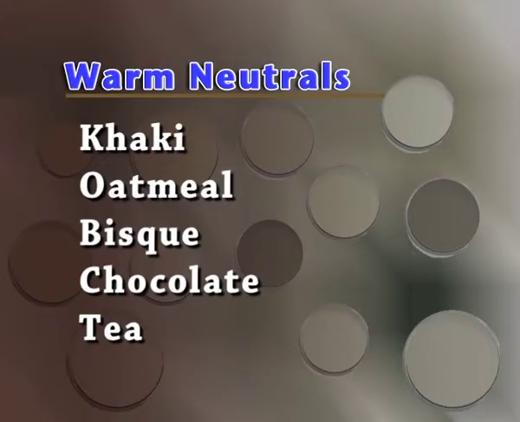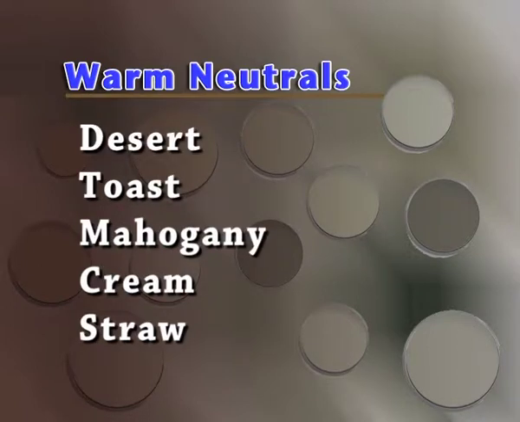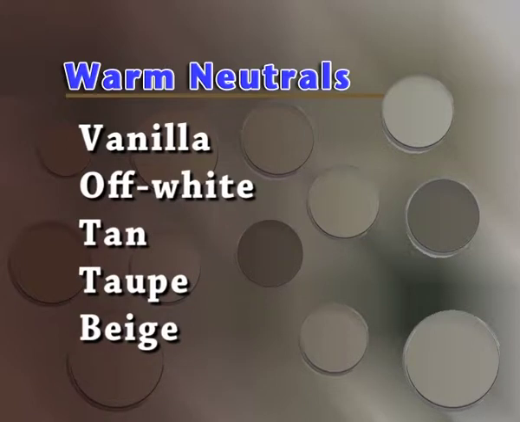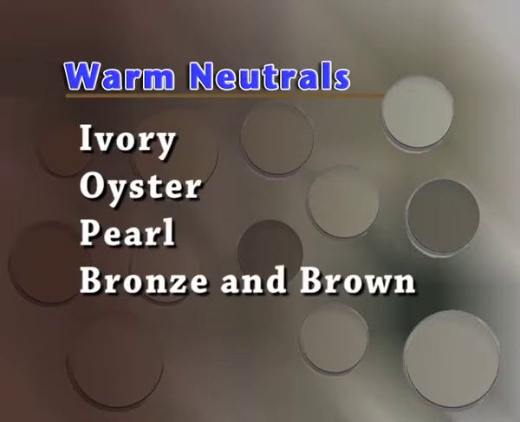These colors include khaki, oatmeal, bisque, chocolate, tea, desert, toast, mahogany, cream, straw, vanilla, off-white, tan, taupe, beige, ivory, oyster, pearl, bronze and brown. They have the feeling of subtly advancing towards the viewer.